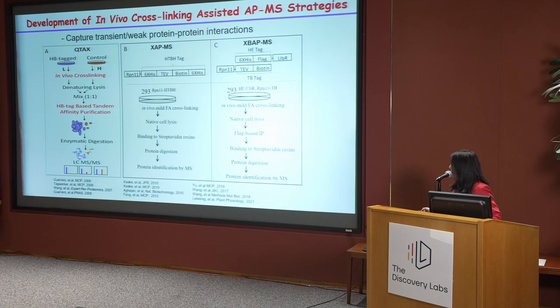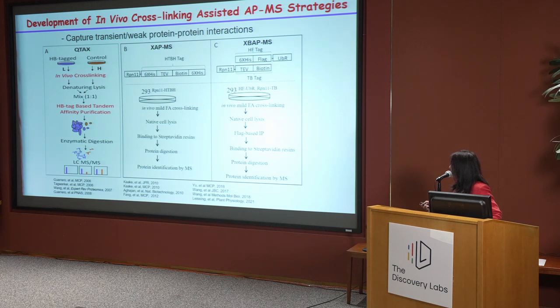This technique has been applied to different systems, and recently we also applied it to a plant system to capture signaling complexes. We first started in the yeast system, and later we expressed the HB-tagged RPN11 subunit, a proteasome subunit, in the mammalian system.